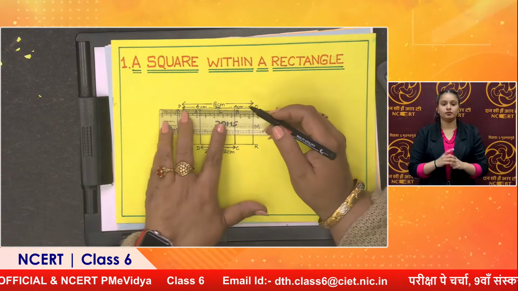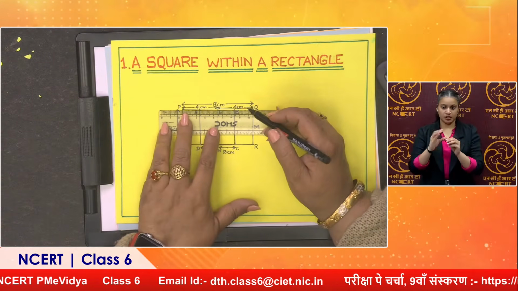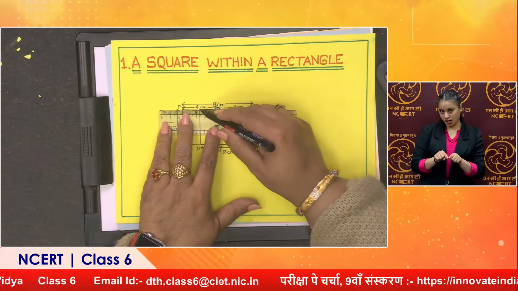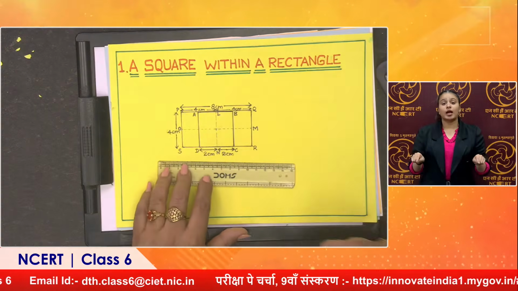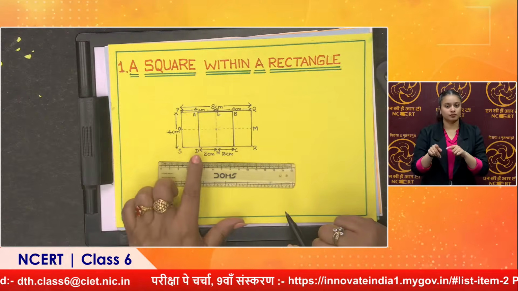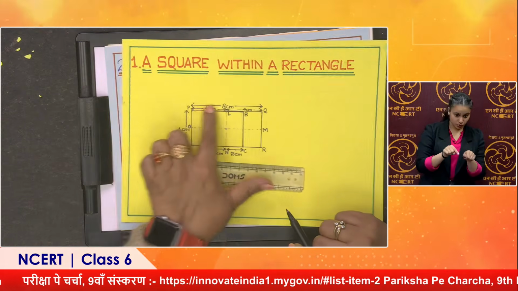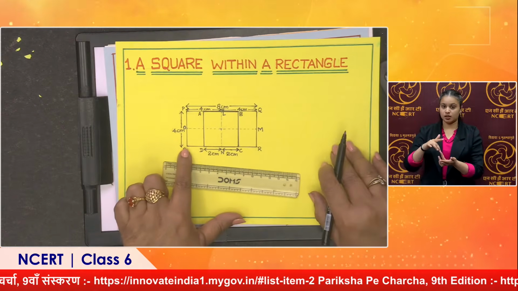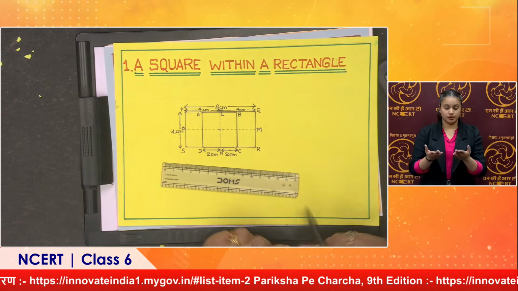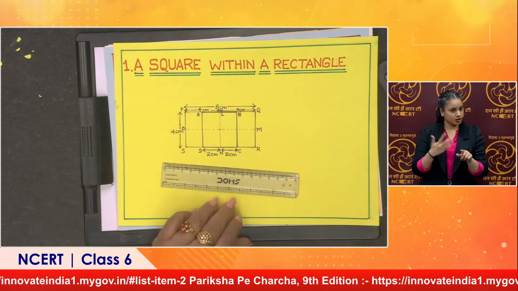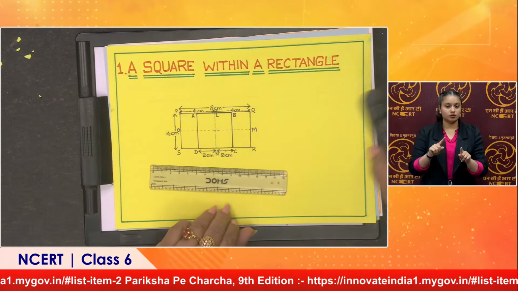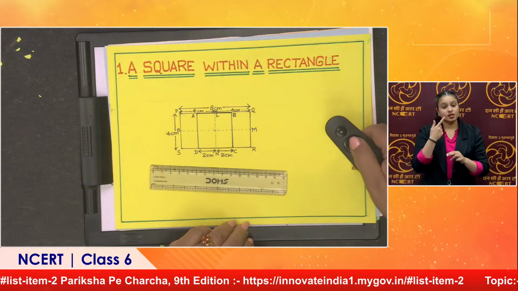So, I find ABCD as a square inside the rectangle, okay, with the condition that the center of the square is the same as the center of the given rectangle, right. Okay. I hope you have understood this. Please try to construct and see whether you are able to do it correctly.